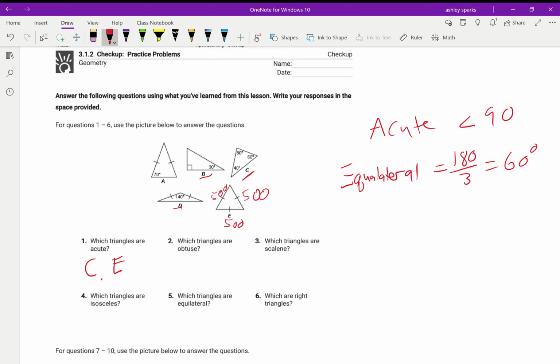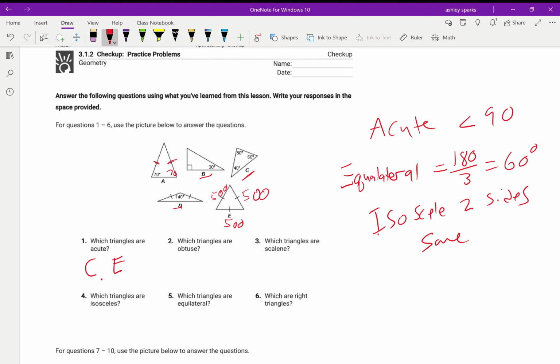My last one is an isosceles triangle. So isosceles means that 2 sides are the same. So if we know that these 2 sides, the markings over here, are the same, we also know that these 2 angles at the bottom here are the same. If the sides match, the angles must also match.